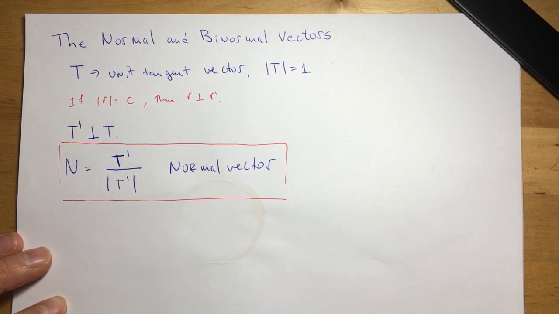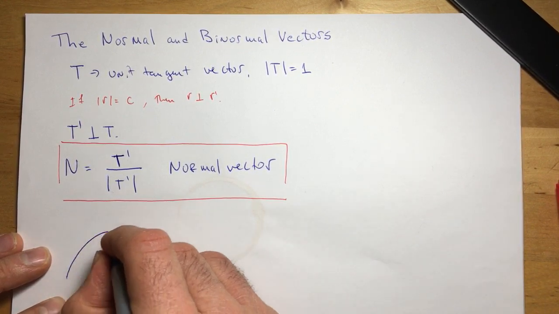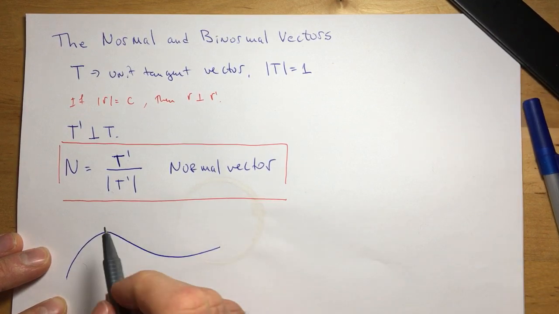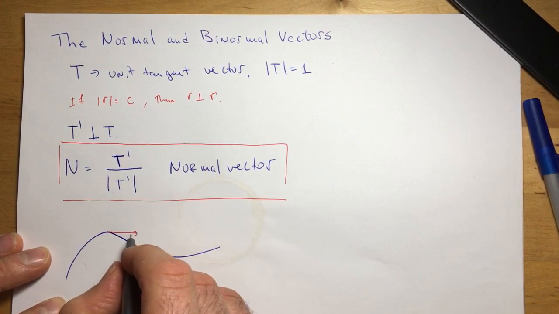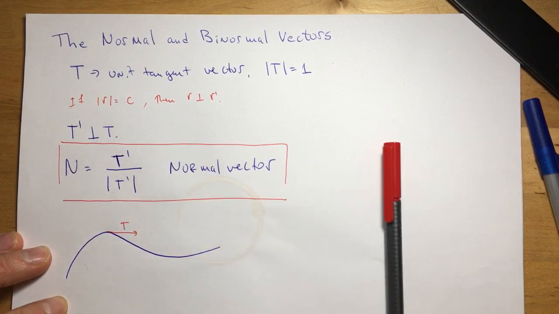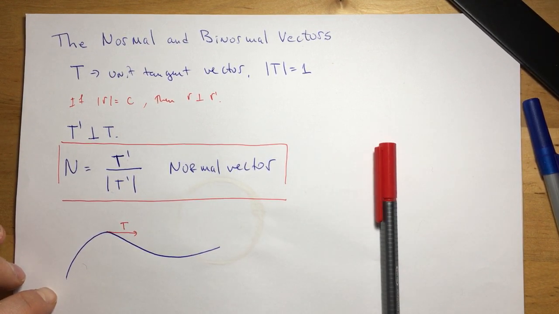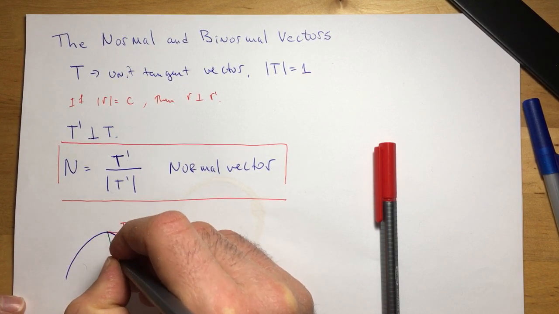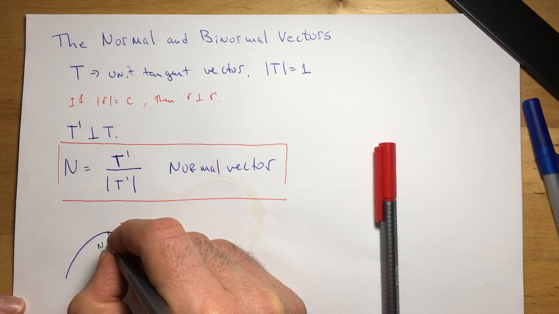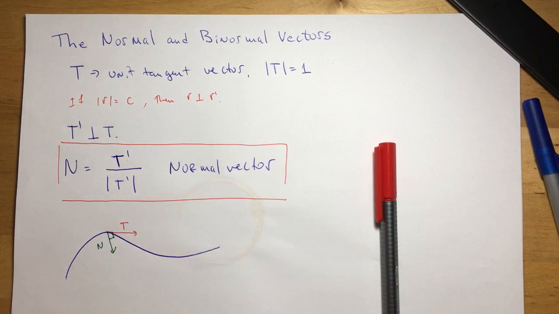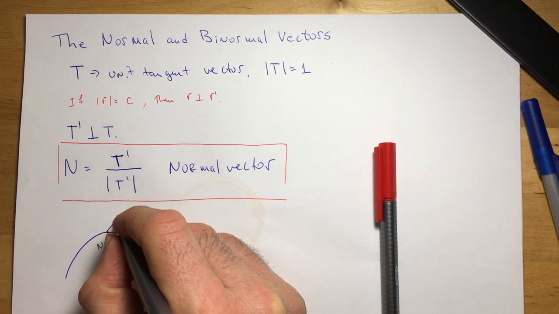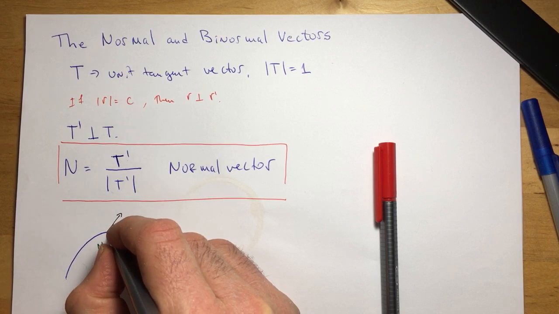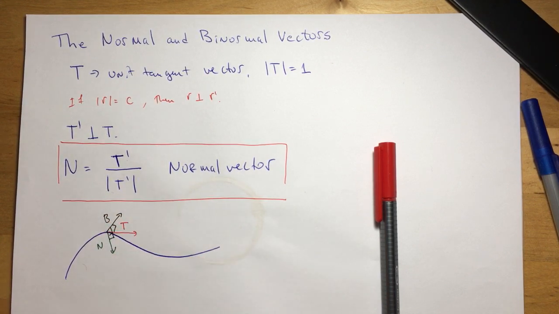Okay, so let's say we have some curve here, and this is the unit tangent vector, then this is going to be the normal vector, where this is a right angle, and you'll see in a second why I wrote it like this, because we're also going to define another vector that's orthogonal to both of these, and that's the binormal vector.